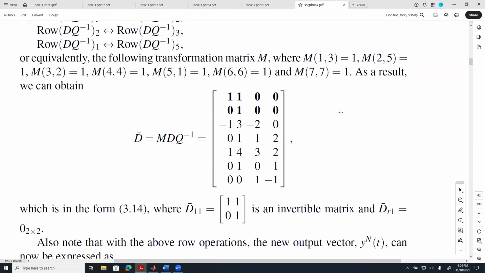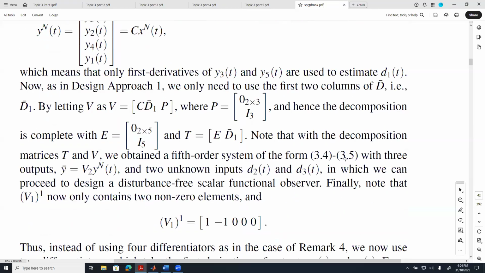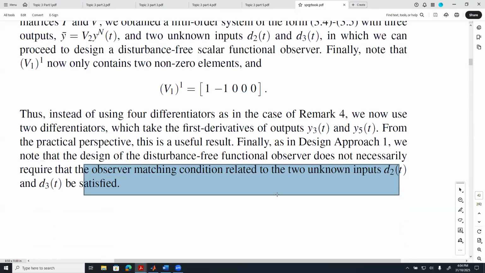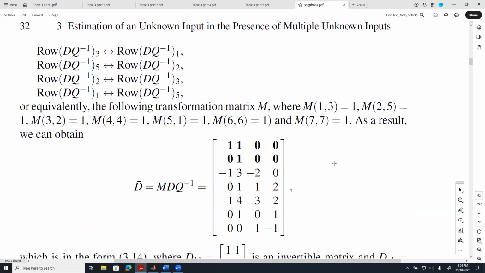And when we look at the new C matrix and we multiply by this one, we can check to see if it's observer matching condition or not. If it's not, it doesn't matter because it comes down to designing a linear functional observer for the reduced system with the 2 unknown inputs, D2 and D3.